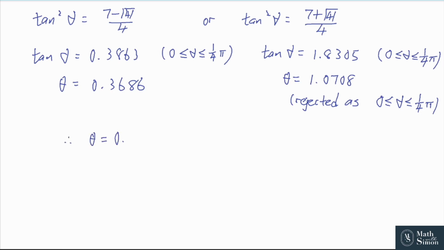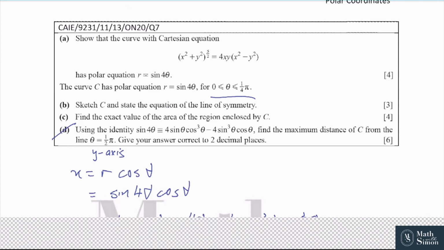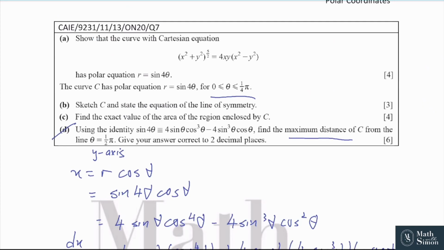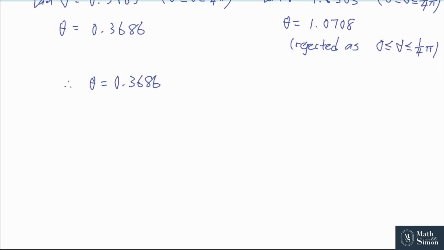Because of this, we are going to just take the theta which is 0.3686 here. Do not forget what the question actually asks us to find. They need us to find the maximum distance. What is this maximum distance again? It's actually our x. They're looking for the x here, so make sure we substitute this value. So x is equal to sine 4 theta and cos theta.